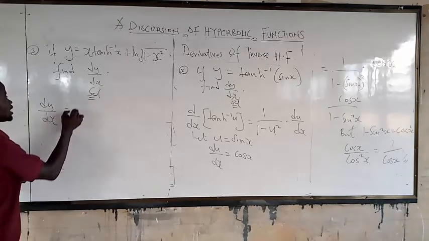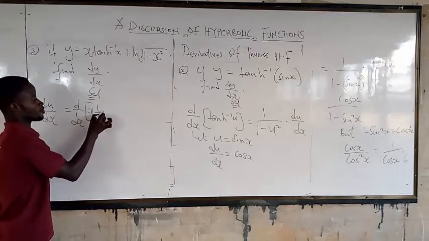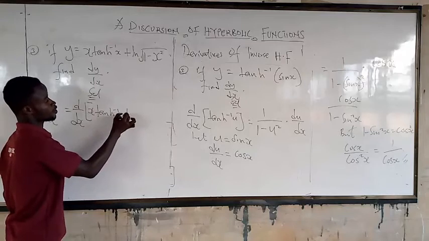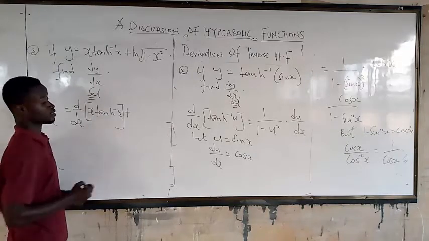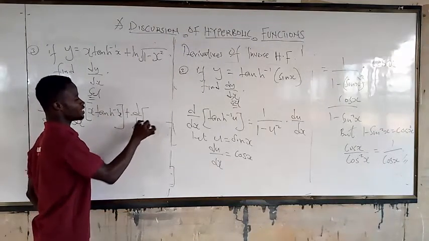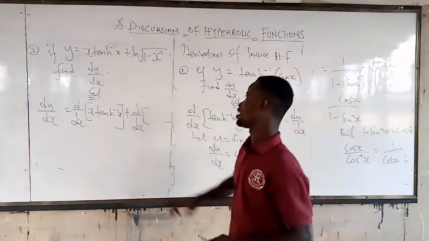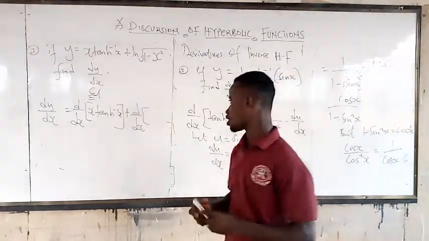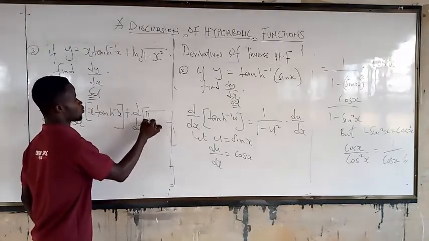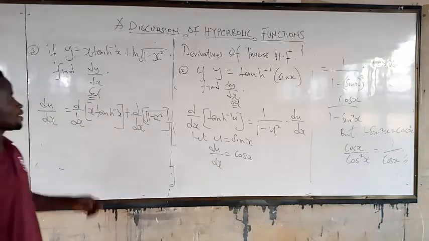Now, you have to take the derivative of the x times tan inverse of x, then you close it. Then you come and take the derivative of ln of the square root of 1 minus x squared. That's why, in case you are forgetting your calculus, go back and revise, because all these things are calculus 1.